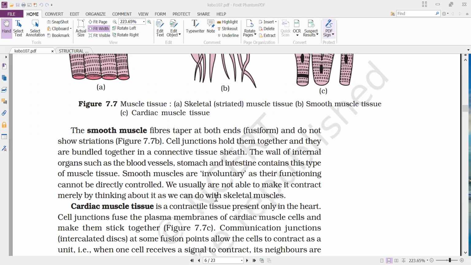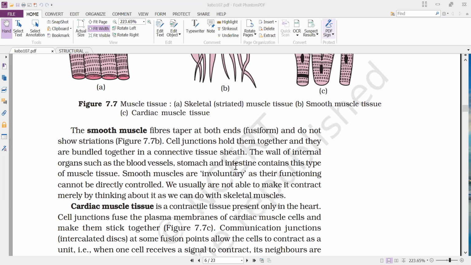When you go to higher education, the detailed description will come. That's why they have not mentioned the esophagus. They clearly mentioned stomach and intestine because they are completely made up of involuntary muscles.